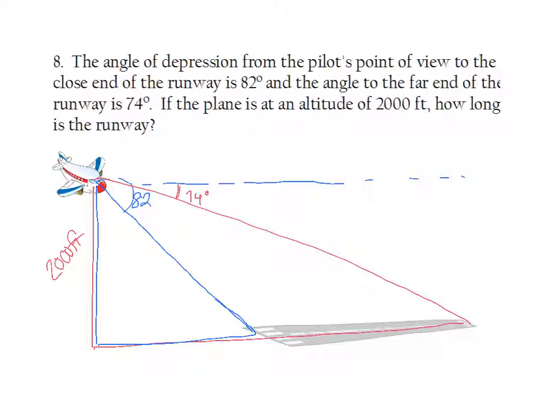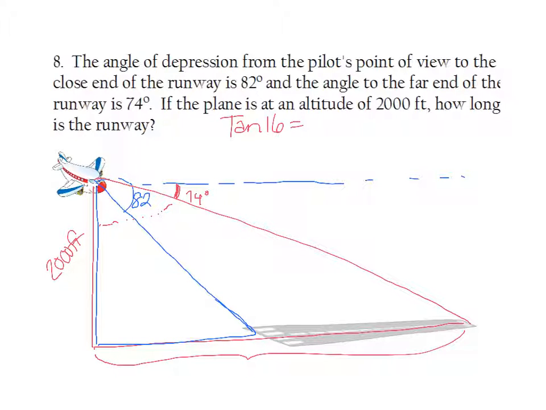Starting with my red triangle, I had an angle of depression of 74, totally not drawn to scale. What I need is the rest of that angle, because that's in the triangle. 90 minus 74 would be 16. I'm going to be doing tangent again of 16 is equal to my opposite side. Opposite side is this, which I do not know.